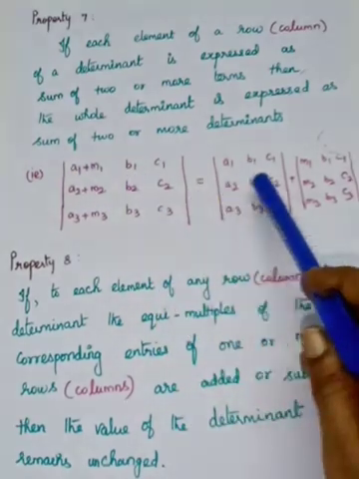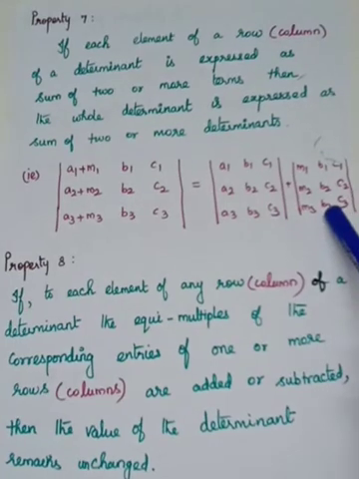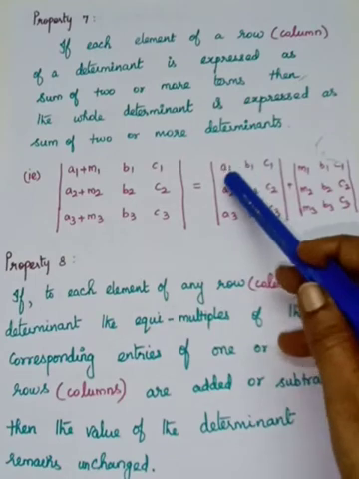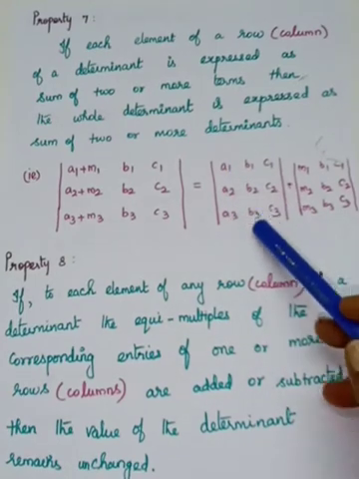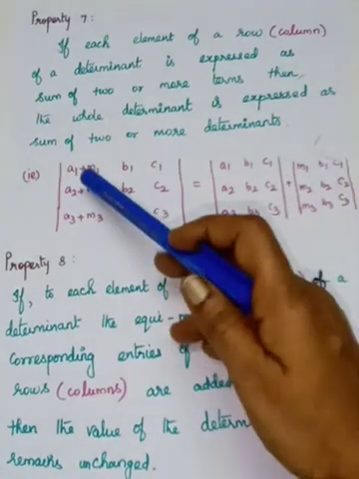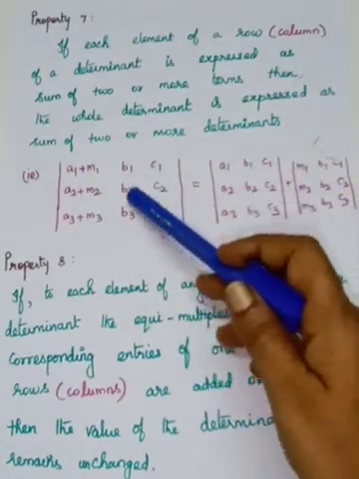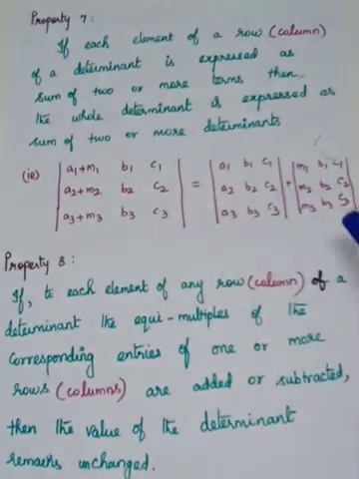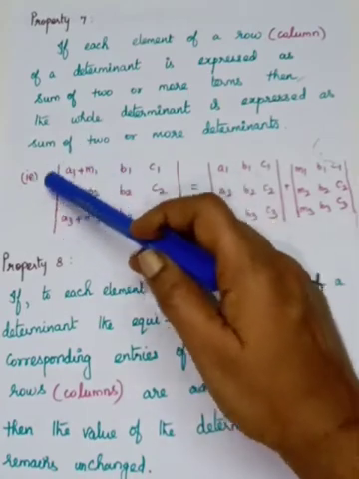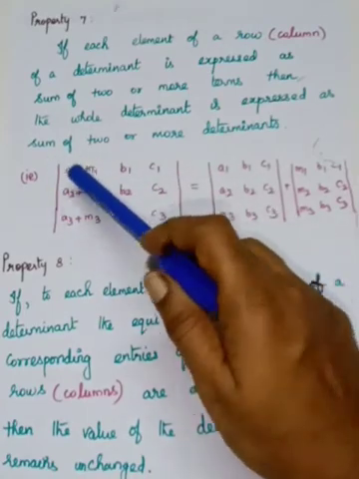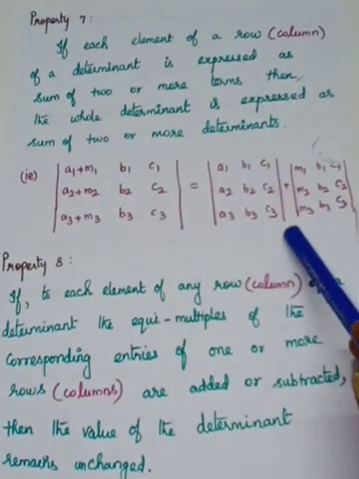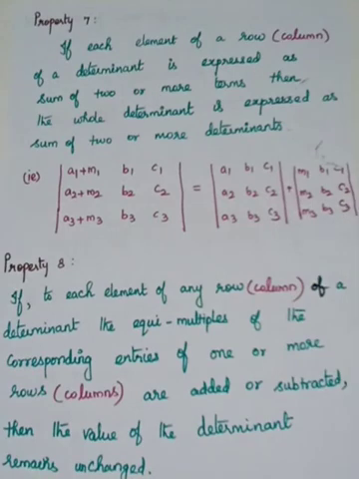So we can write it as the sum of 2 determinants, the first determinant having a1, a2, a3, b1, b2, b3, c1, c2, c3, plus in the second determinant the first column is m1, m2, m3, b1, b2, b3, c1, c2, c3. That means if each element of a row or column is expressed as the sum of 2 terms, we can express the whole determinant as the sum of 2 determinants.